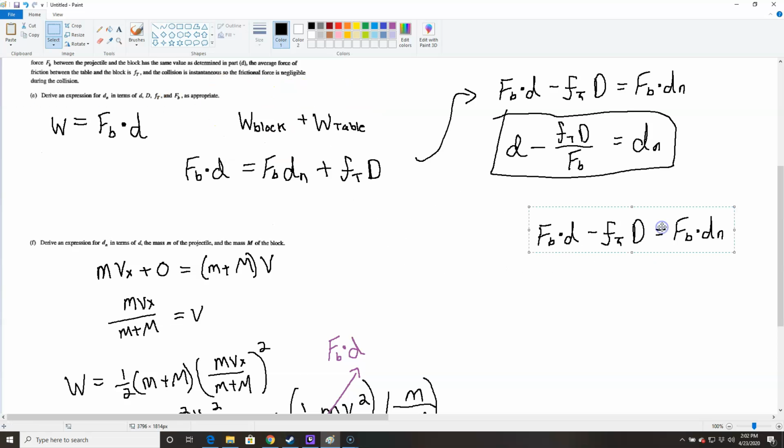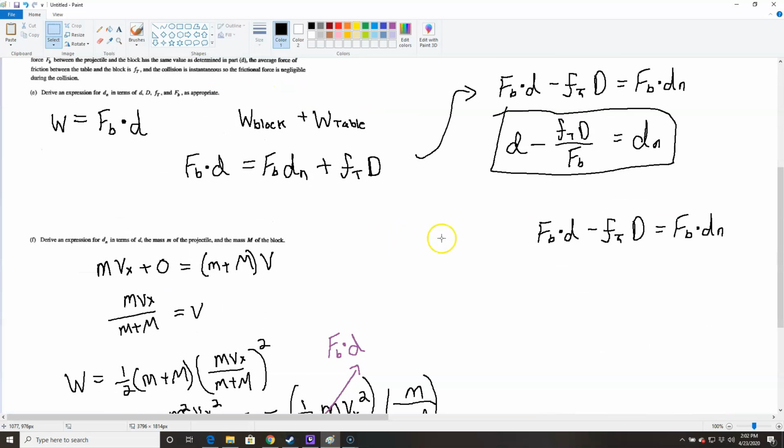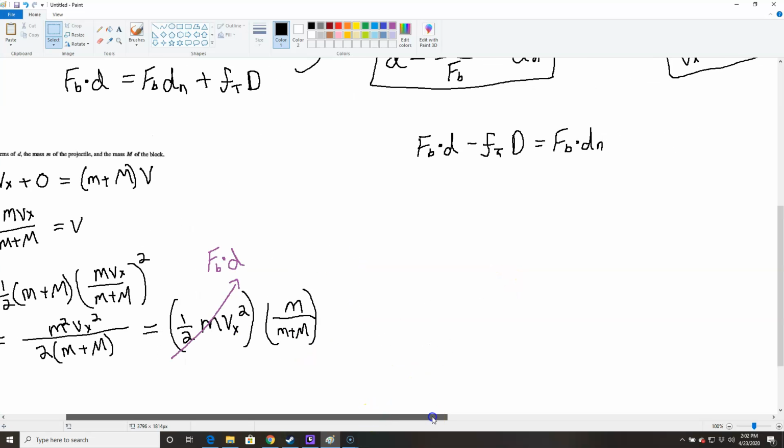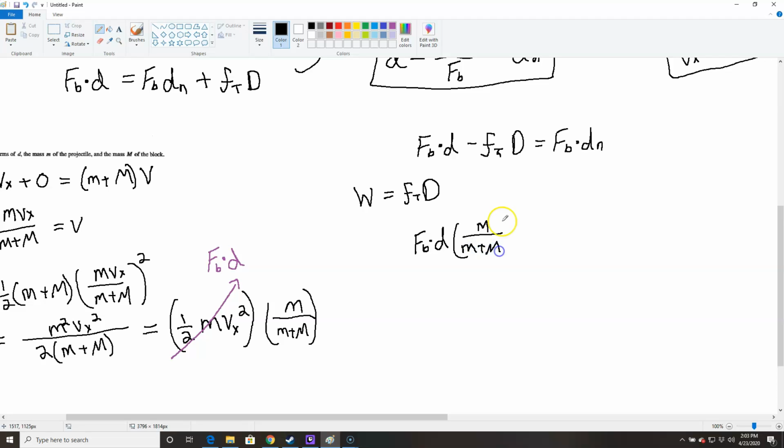So I'll copy this and I'll paste it down. The reason why I need that is because I also know the work done on the bullet-block system is the force from the friction caused by the table times D. And ultimately, what I want to say is FB little d times m over m plus big M equals FTD.